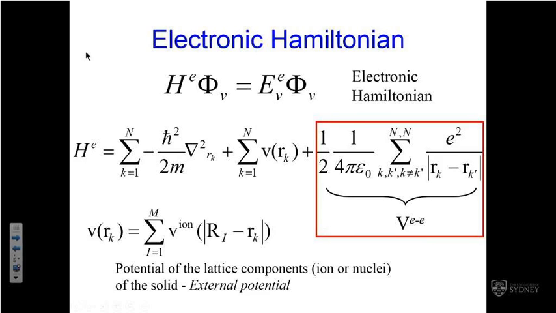This term describes electrons at position R interacting with all the ions, the atoms in your system. And then we have the interactions between the electrons, which is a hugely complicated thing that we need to make approximations for.